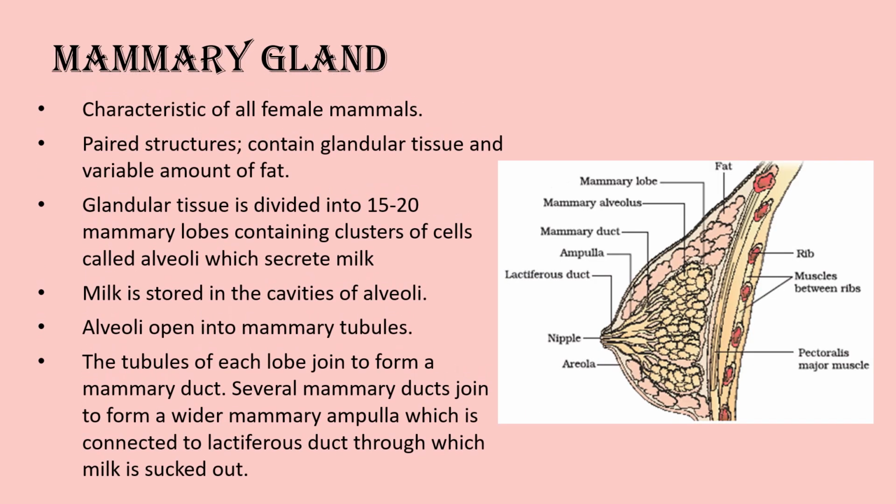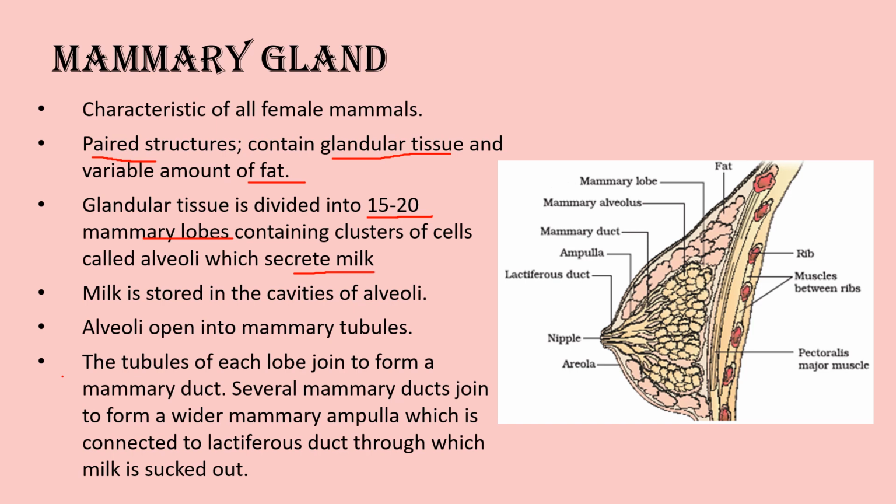Mammary gland is characteristic of all female mammals. These are paired structures, contain glandular tissue and some amount of fat. The glandular tissue of each mammary gland is divided into 15 to 20 mammary lobes that contains alveoli. Alveoli are cluster of cells that secrete milk.